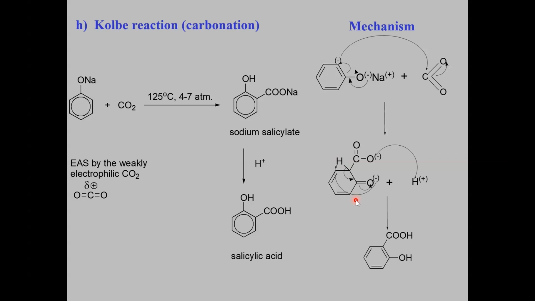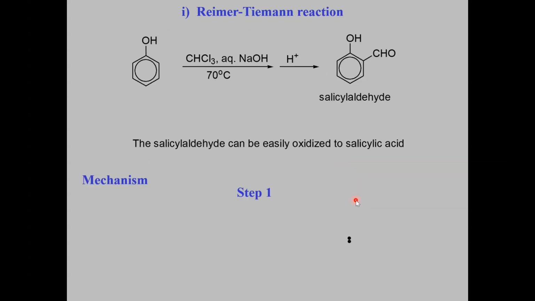Another reaction which is very unique to phenols is the Reimer-Tiemann reaction. In the Reimer-Tiemann reaction, phenol reacts with chloroform in the presence of aqueous sodium hydroxide at 70 degrees temperature, followed by hydrolysis with acid, giving the corresponding salicylaldehyde.